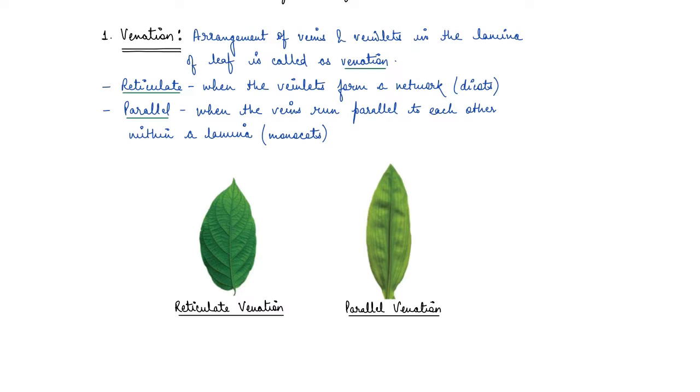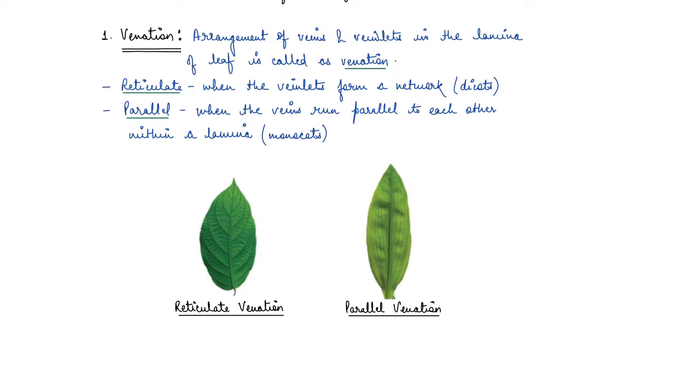So here in the diagram, you can see one main vein which is a midrib and then veinlets, and even thinner veinlets, right? They are joined and forming a complete network. So this happens in case of dicots, right?